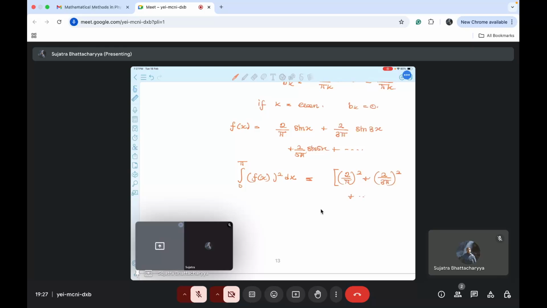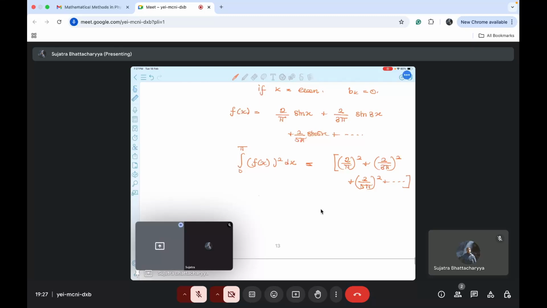Plus 2 by 5 pi square, and so on, right? So this is another thing which we will get. And your integral 0 to pi of sine square x, that also we have to see, right? So this is, I think, mostly done. So this is 1 in this part, so this will be nothing but pi.